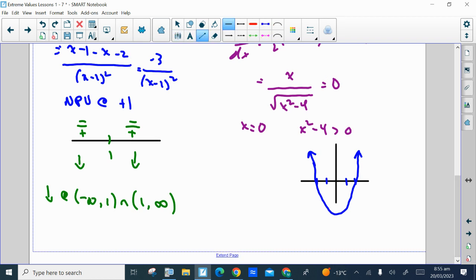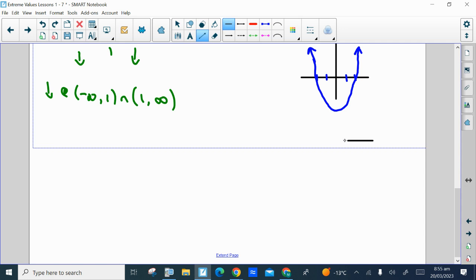So when we set up our number line here, again, we're not going to use any values in there. We can't use that critical number of x equals 0 because of what the denominator is. So we're only looking between negative infinity and negative 2.